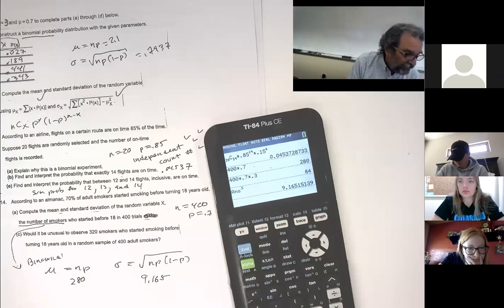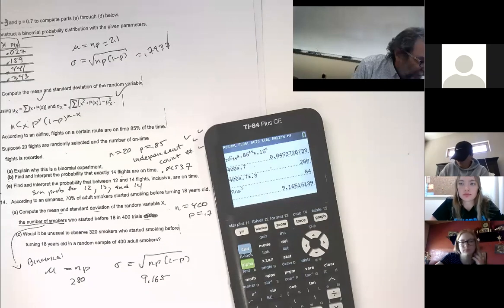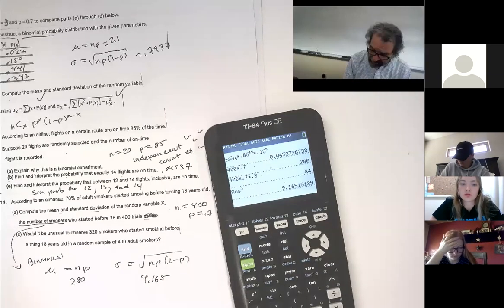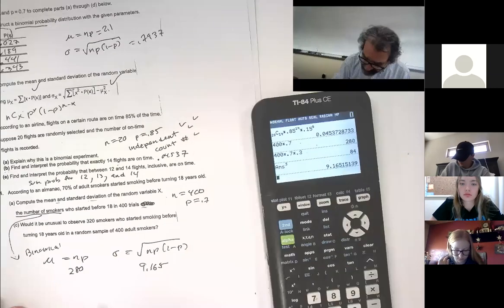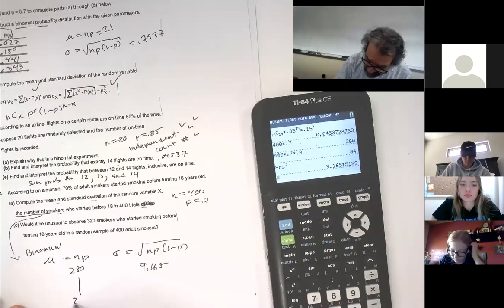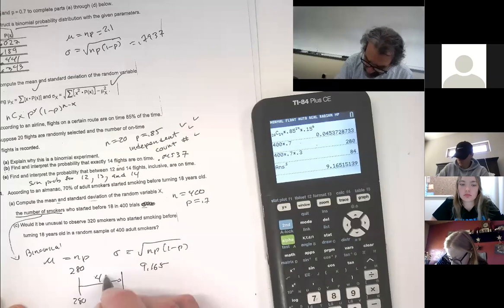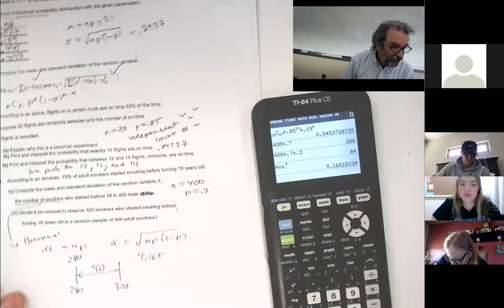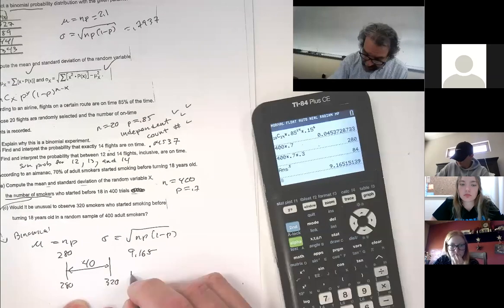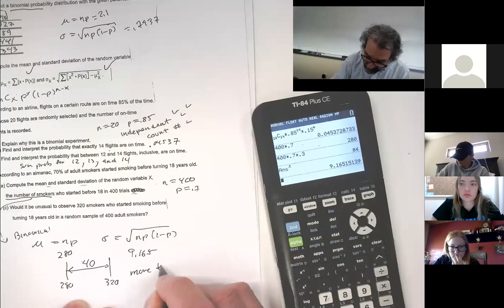Would it be unusual to observe 320 smokers who started smoking before turning 18 in a random sample of 800? Here's the mean, 280. We're over here at 320. That's 40 units away. That's more than 4 standard deviations.